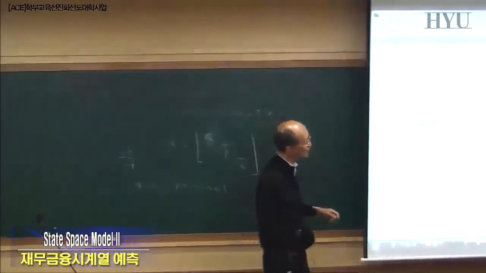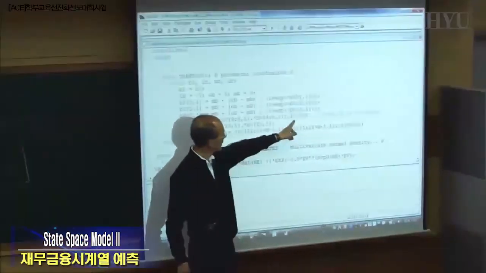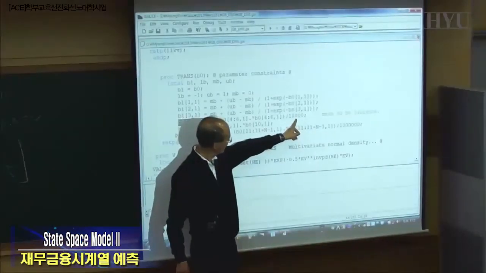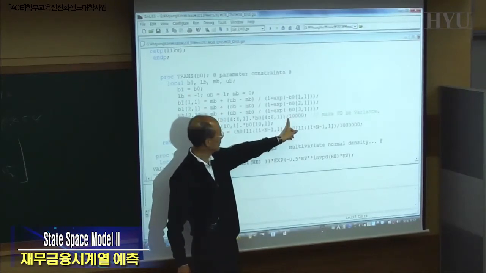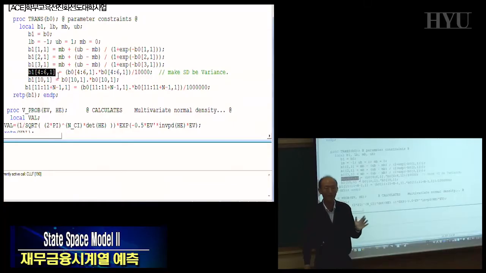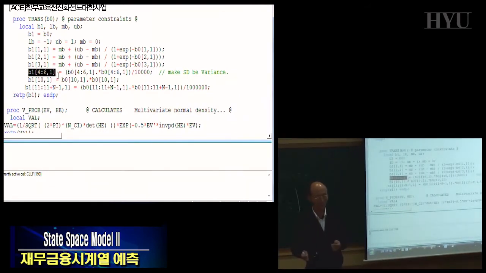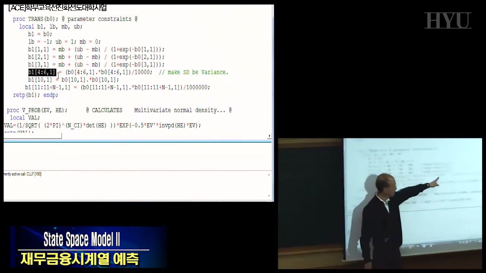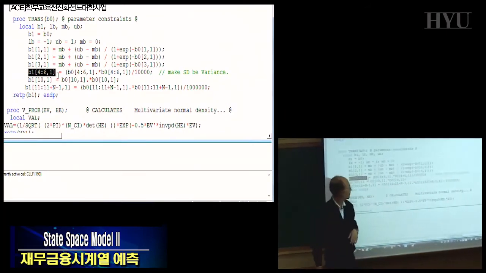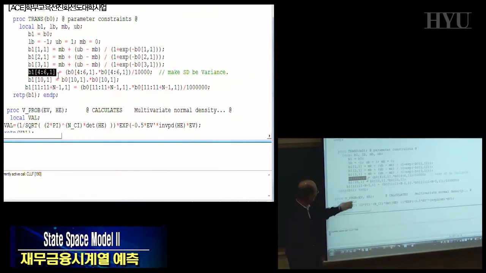Of course, it may work if you divide by 10,000, but it may not work as well. So this is a kind of magic number you have to learn from making mistakes, trial and error. Actually, this was a very big thing in this kind of model.